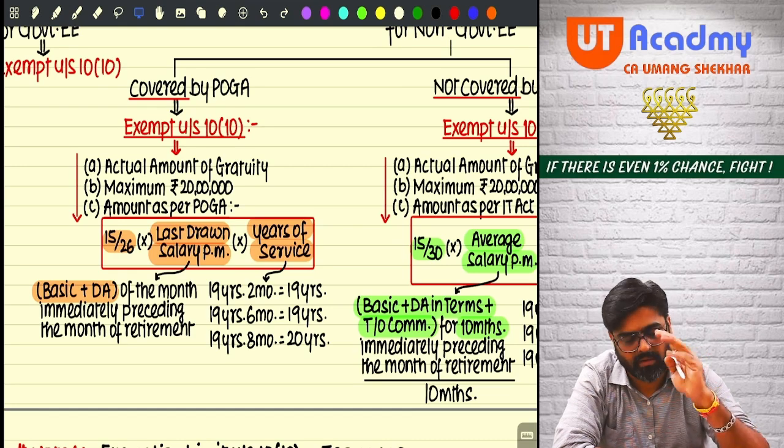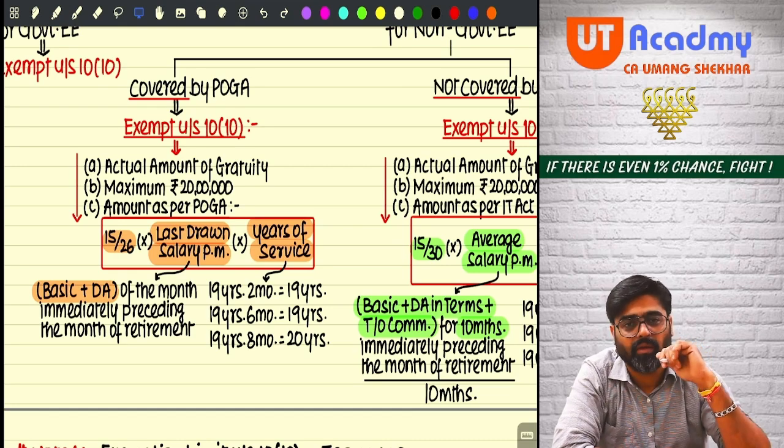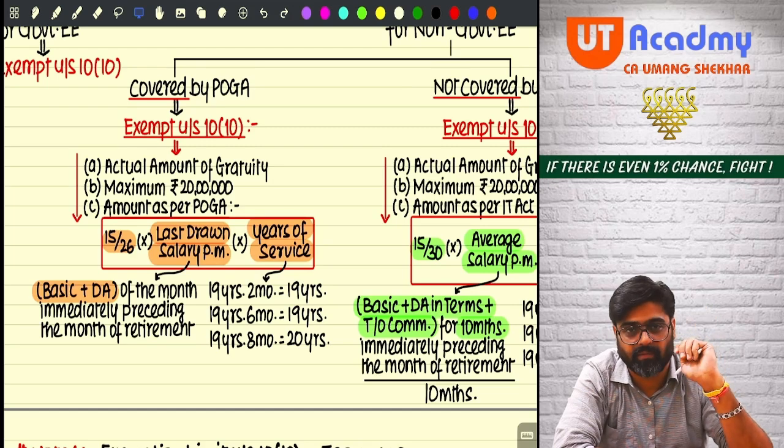Okay, pay attention. There is one law in India. The name of that law is Payment of Gratuity Act. POGA means Payment of Gratuity Act.